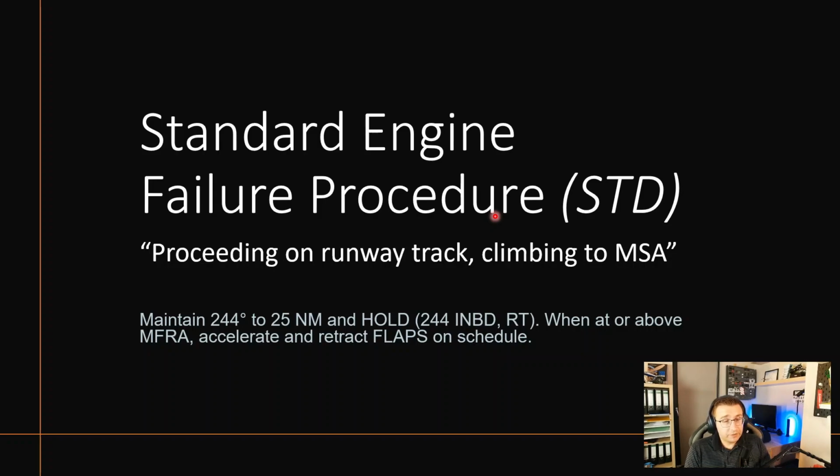And one thing you must remember, and this is something that even real pilots don't realize, is that the engine failure procedure, like we stated before, is only there to bring you safely to an MSA or to a holding point. So once you're above MSA, you can basically do whatever you want.